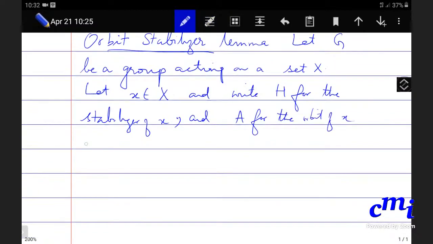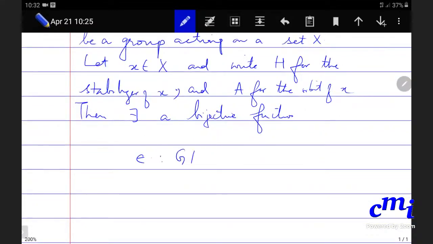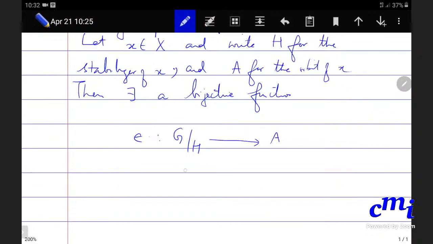Then there exists a bijective function epsilon from G mod H to A. Okay, so this is just cosets. H need not be normal. Sending the coset gH to the element gx.